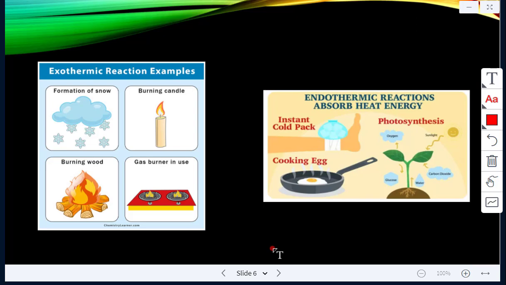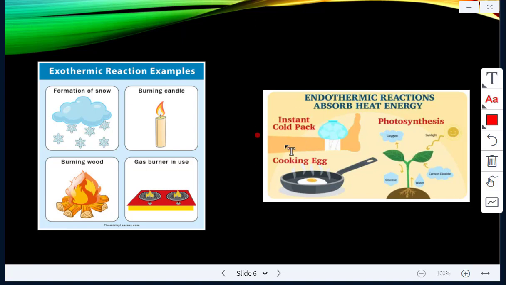Some other examples of exothermic and endothermic reactions. The formation of snow is an exothermic reaction. Any type of burning is an exothermic reaction, so burning a candle, burning wood, or a gas burner in use here are all exothermic. Endothermic reactions absorb energy.